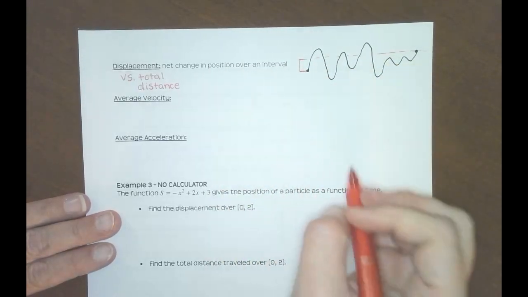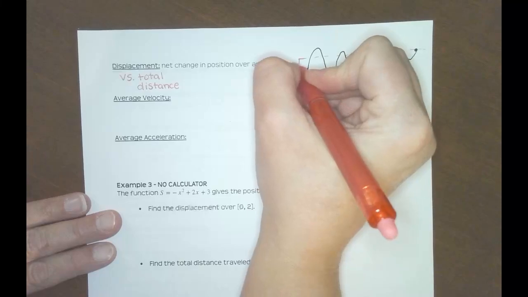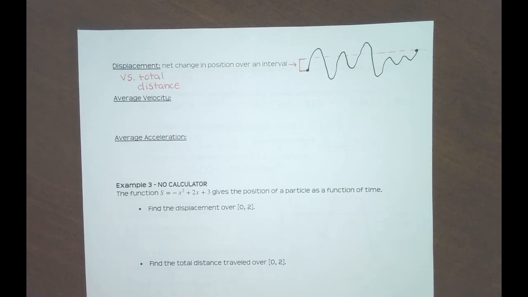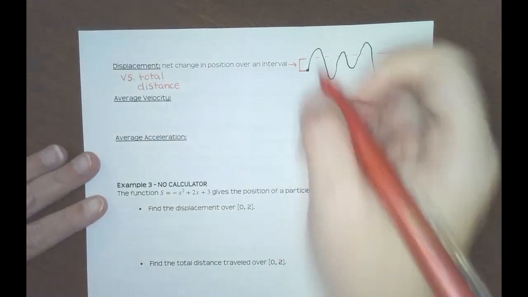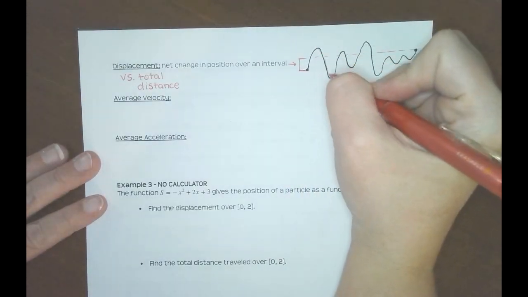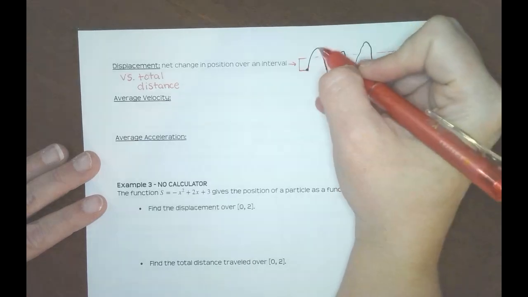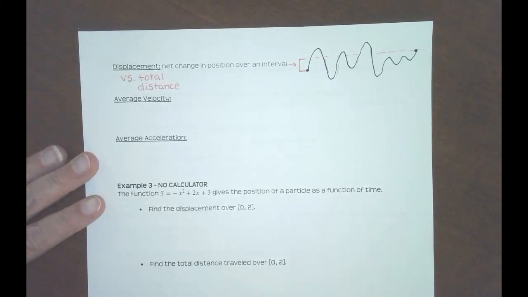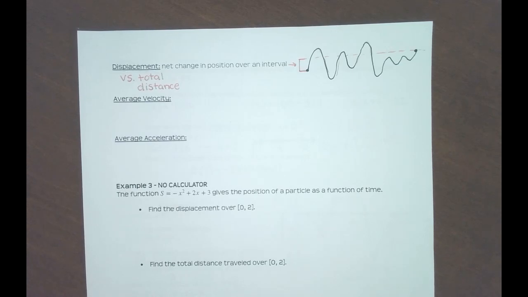The displacement would say, what's the distance between the starting place and the ending place? Total distance is going to add all of this distance together. It's going to add the positive and the negative and the positive and the negative and so on until it tells you how far this thing actually traveled. So displacement disregards all of those changes in direction and just looks at start and stop.